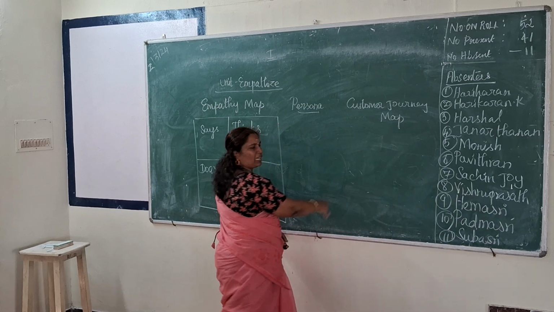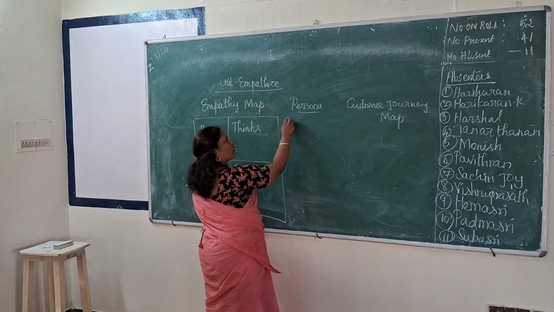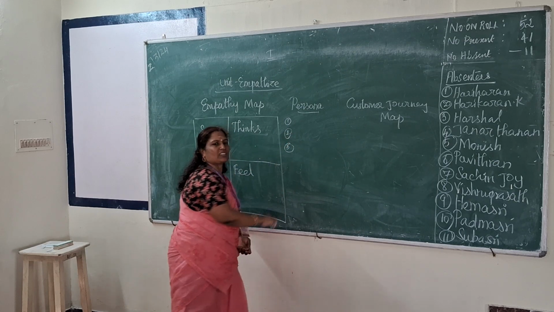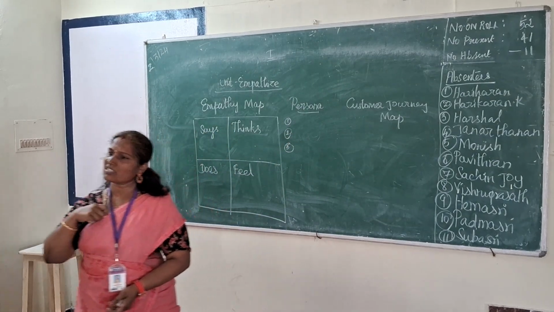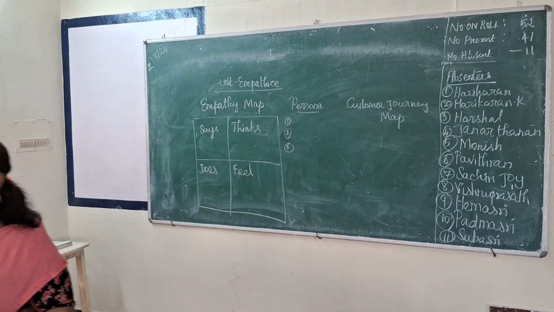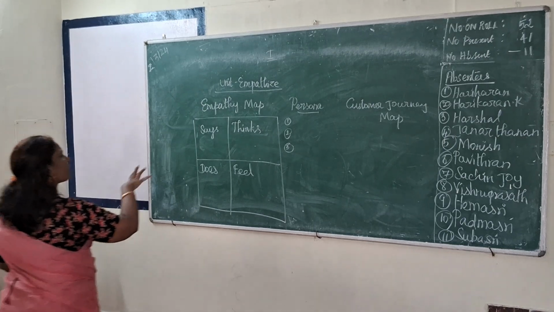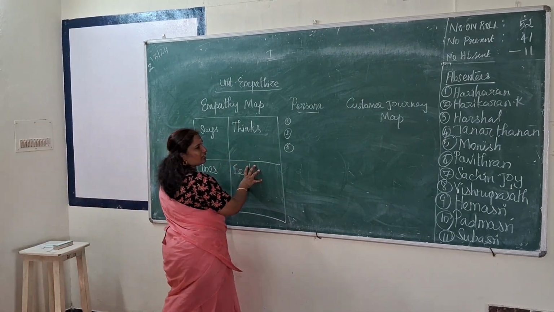The persona is where you write all the details of a particular person. Particular persons' details will be recorded. But everything is about your empathy only, just in different forms of representation.